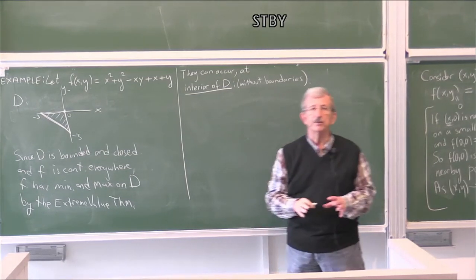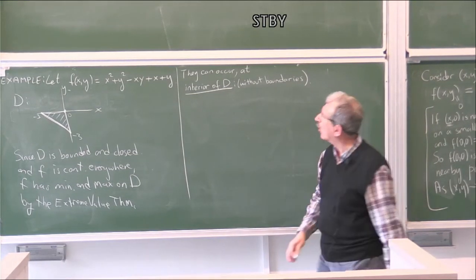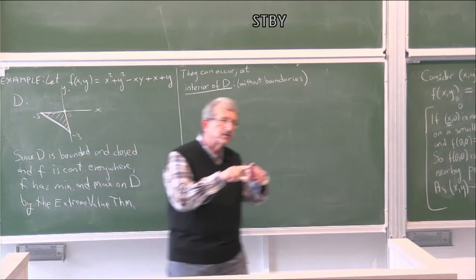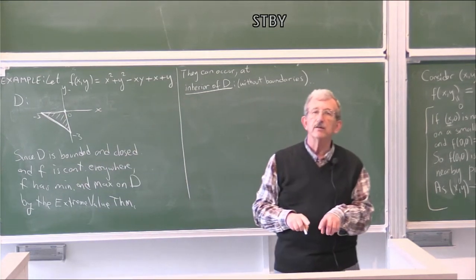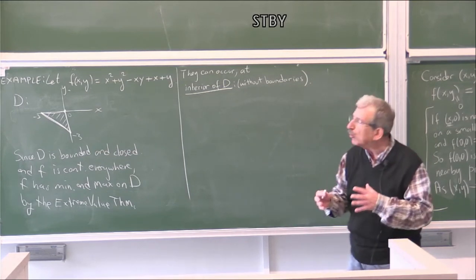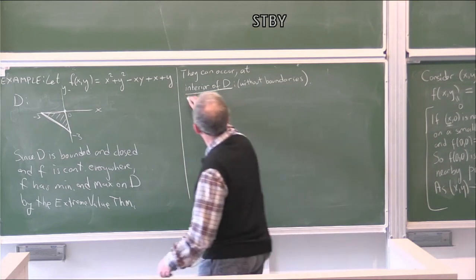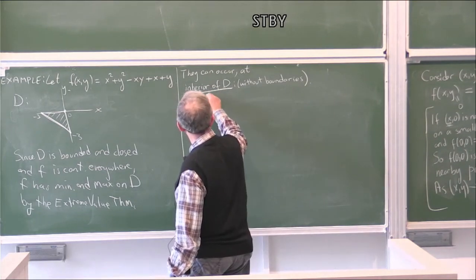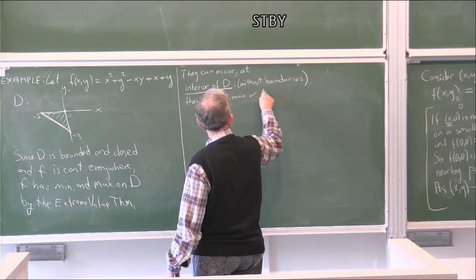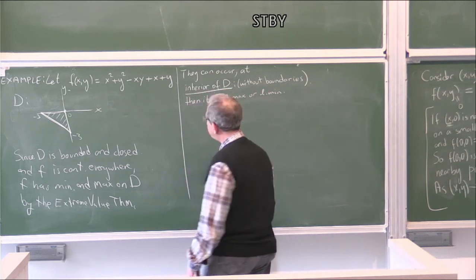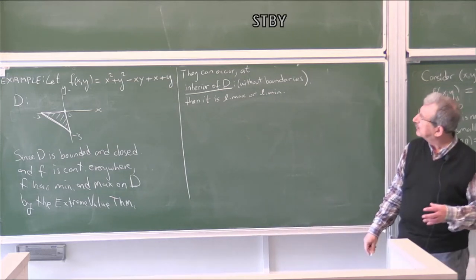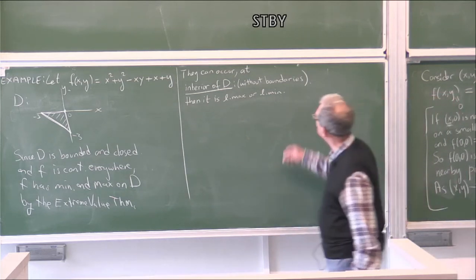Well, in this case, if they occur at an interior point here, certainly there is a small disk around it so that it's a maximum. So it's a local maximum, respectively, a local minimum. Then it is a local maximum or local minimum. Well, we don't have to decide it right now, but it will be a critical point.